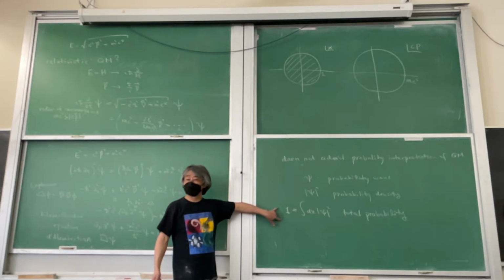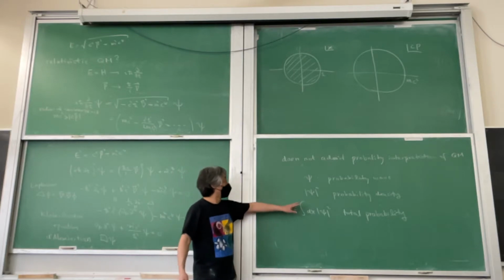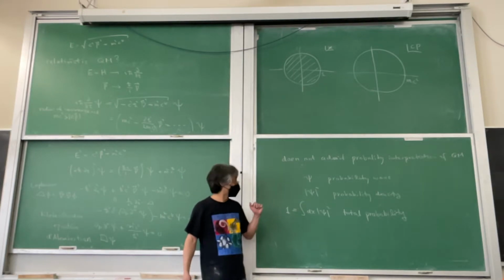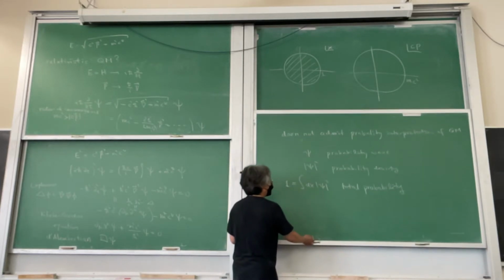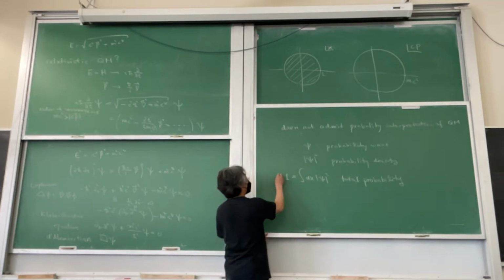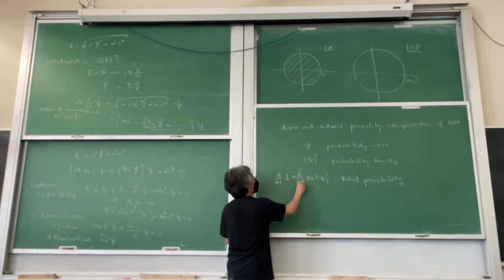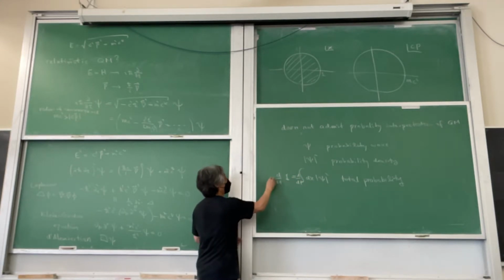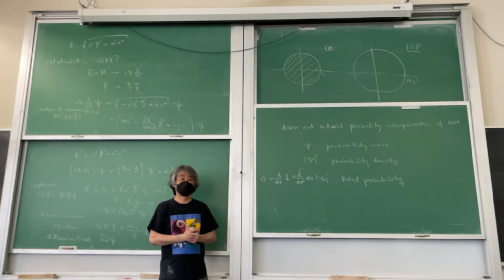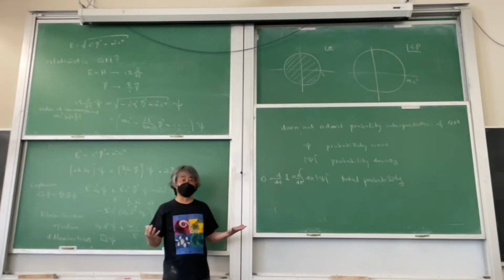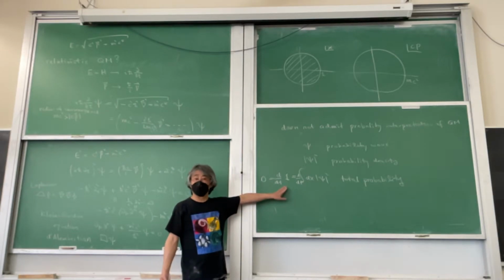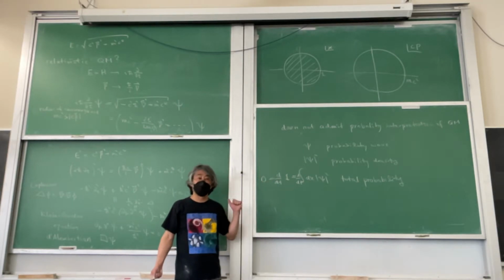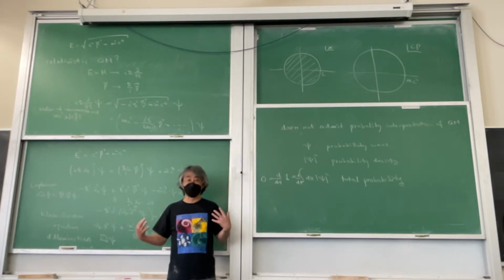So if you want to use this interpretation of what this wave function is, then you need to have a guarantee that the total probability doesn't change. The conservation of probability. This is an essential requirement in quantum mechanics to understand the wave function as a probability wave.